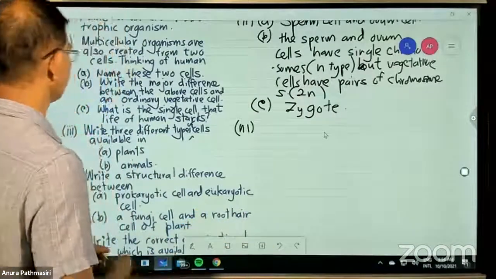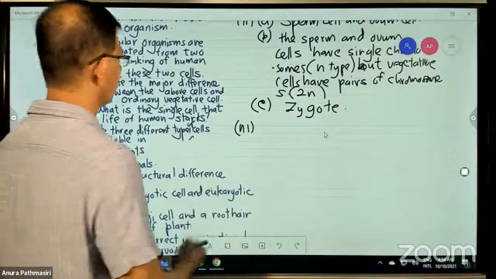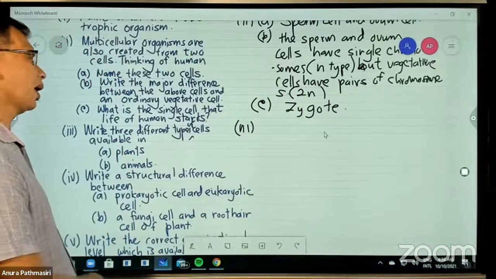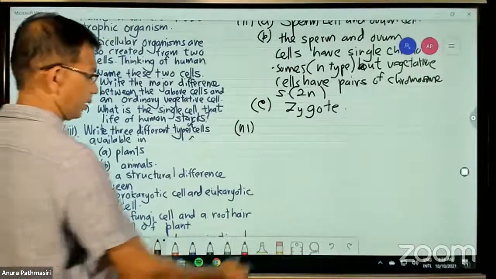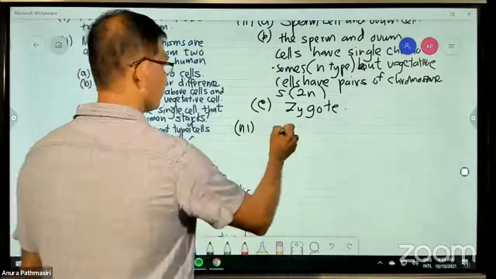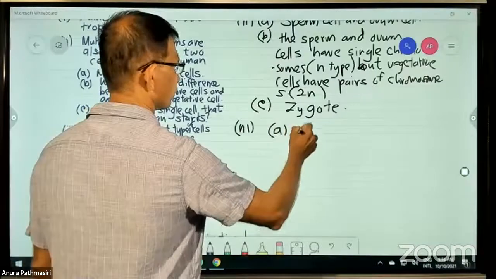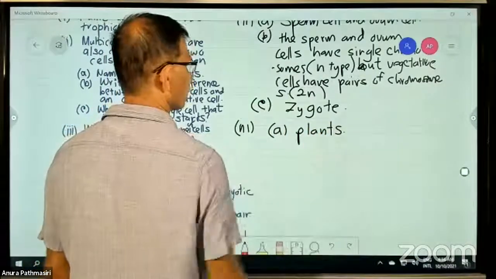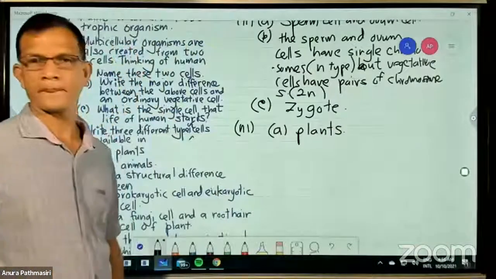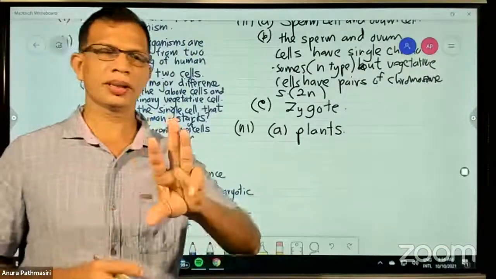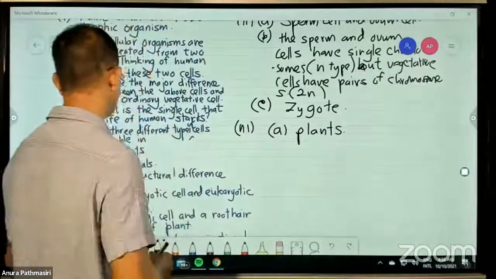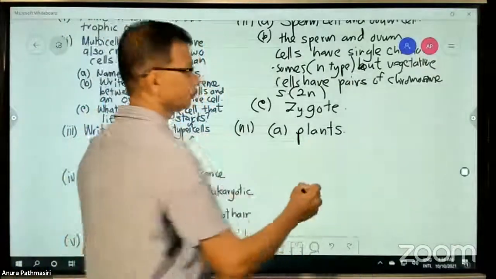And third one, write 3 different types of cells available in plants. Let's read simple A. What are the 3 types? If you say anything, you can write.